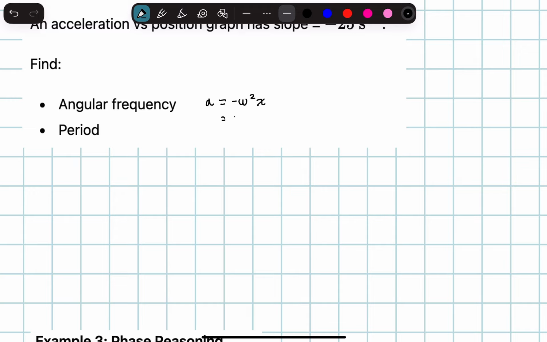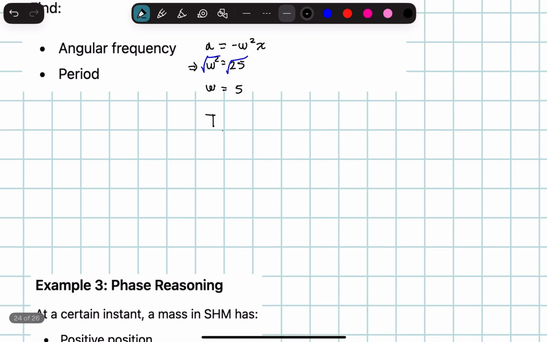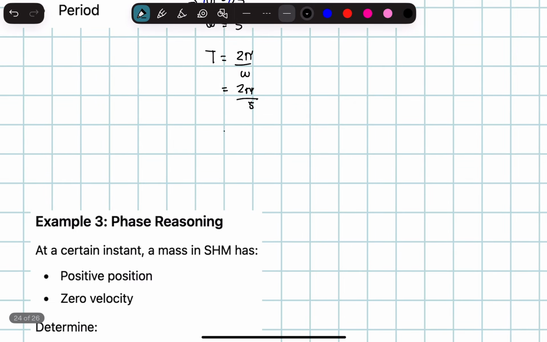Therefore, we can rearrange this as omega squared is equal to 25, and from that, we can take the root of both sides, and we have omega is equal to 5. Now for period, we know the period is 2 pi over omega. So then we can write that as 2 pi over 5, and that's approximately 1.26 seconds.